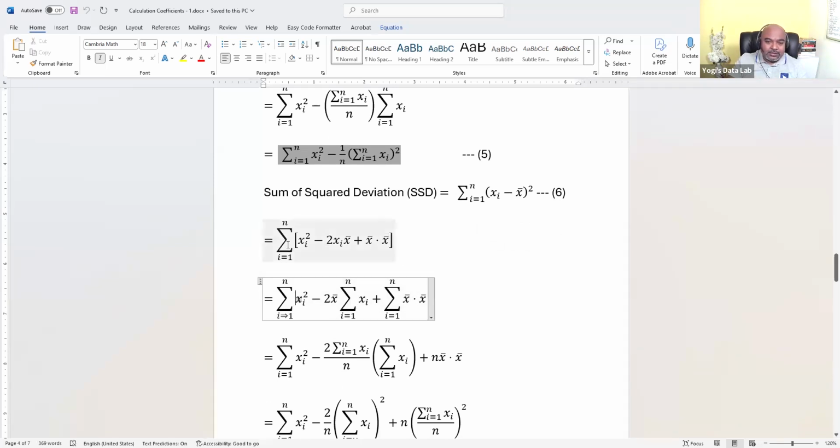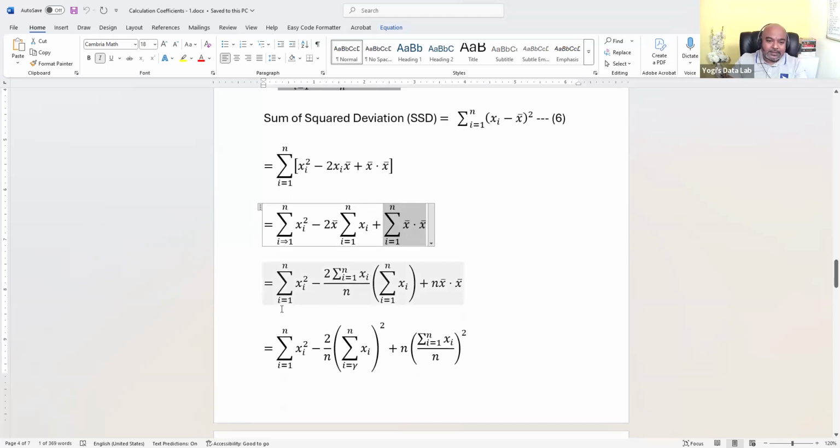So now this summation will apply everywhere. So you have summation xi square, which is the first term, minus 2 x bar. So x bar is constant, it has come out, and I have summed it over xi multiplied by summation i equal to 1 to n x bar multiplied by x bar. And let's try to simplify this.